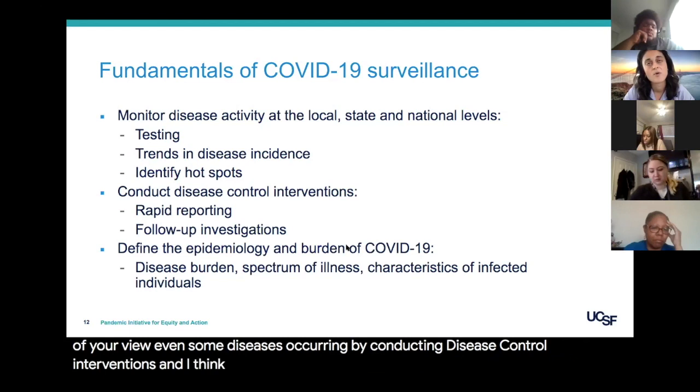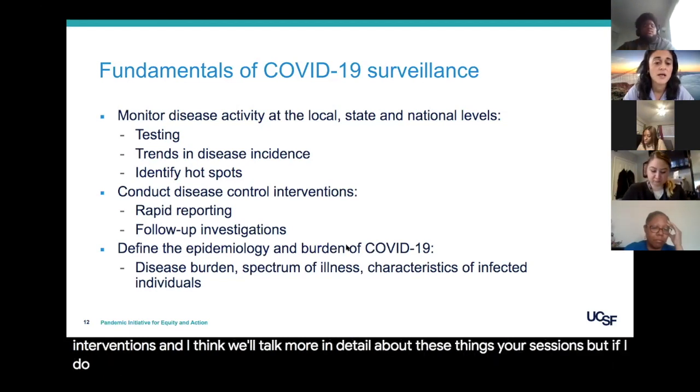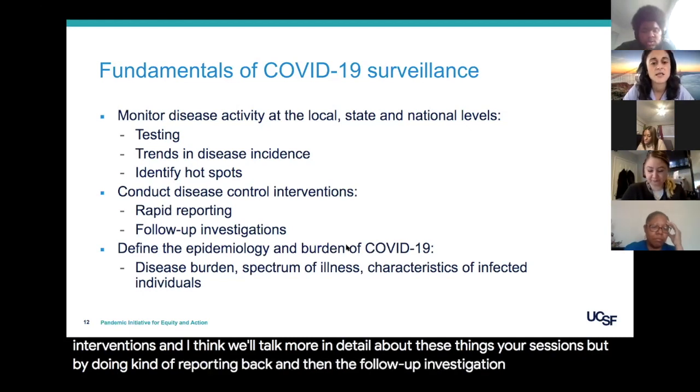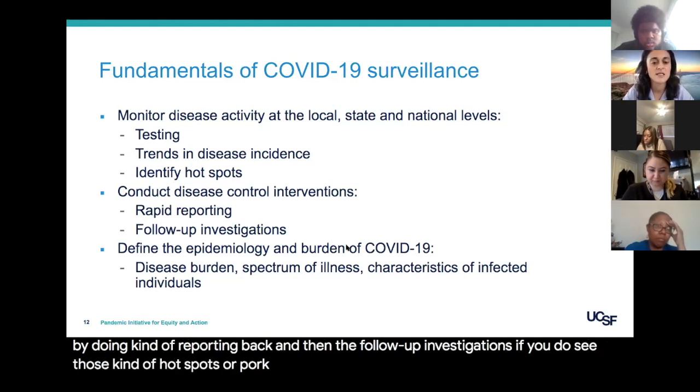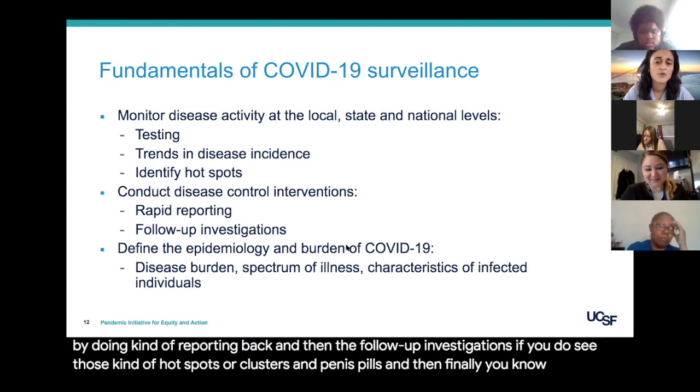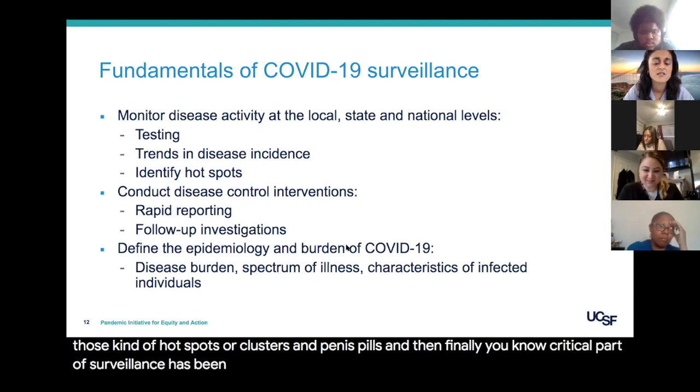I think we'll talk more in detail about these in future sessions, but by doing the reporting back and then the follow-up investigations if you do see those hotspots or clusters of cases. And then finally, a critical part of surveillance is trying to define the epidemiology and the burden of COVID-19.